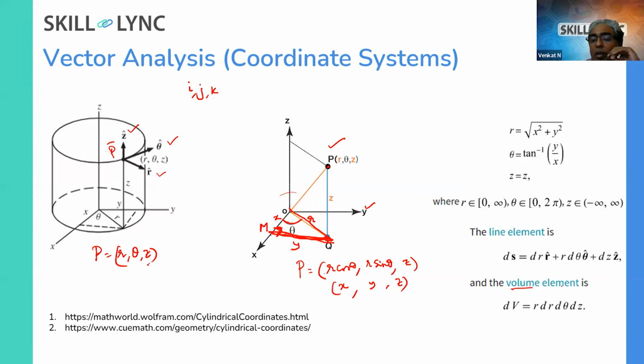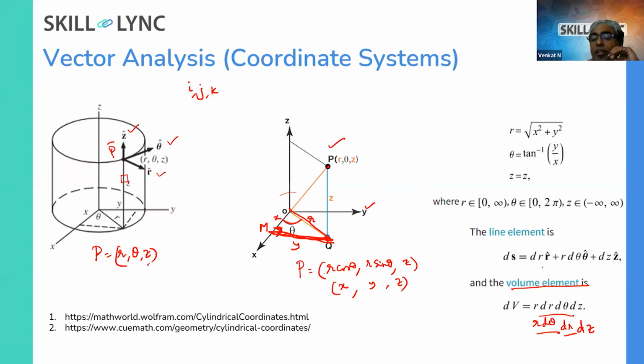So the volume element also, I think you're all aware of: r dr d theta dz. If you take a cylindrical volume element and do the math, you'll get r d theta dr into dz. That's how you write it out. So this is your infinitesimal volume element.